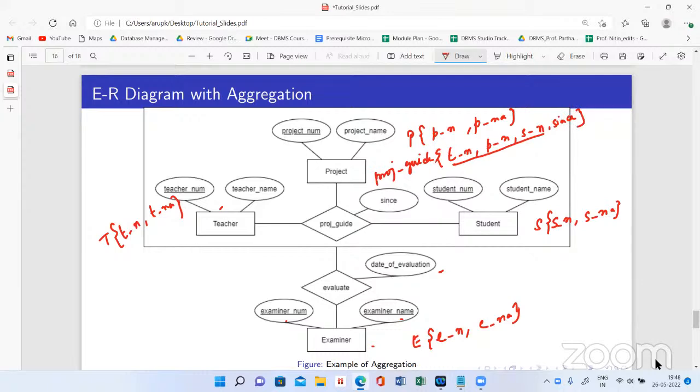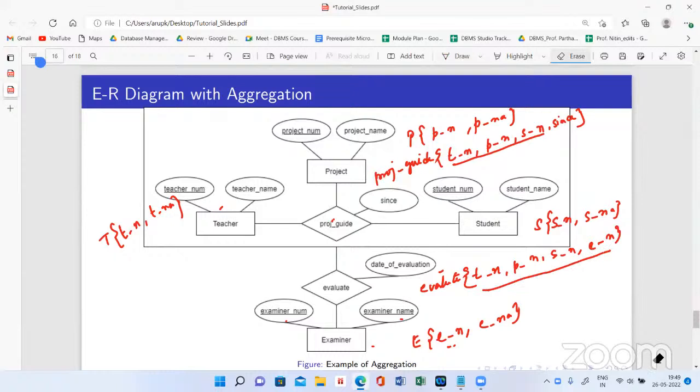And you can understand evaluate also will be a table, right? What should evaluate have? This TN, PN, SN, and date of evaluation, the primary key of this particular relationship, and the examiner number. PN, SN, TN, all the primary keys.